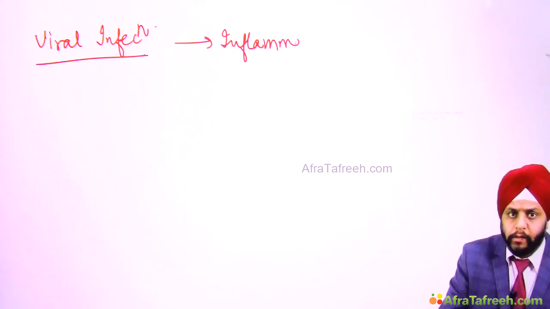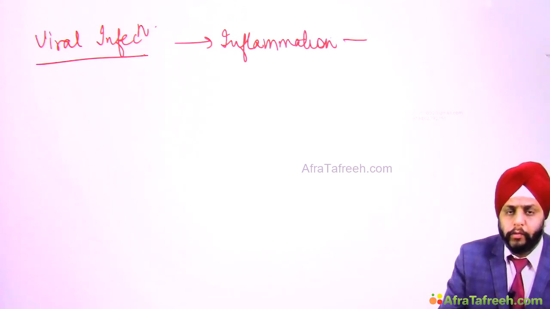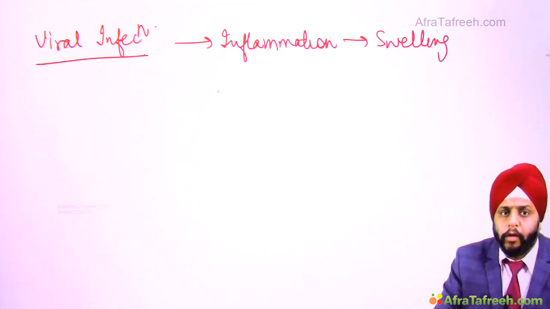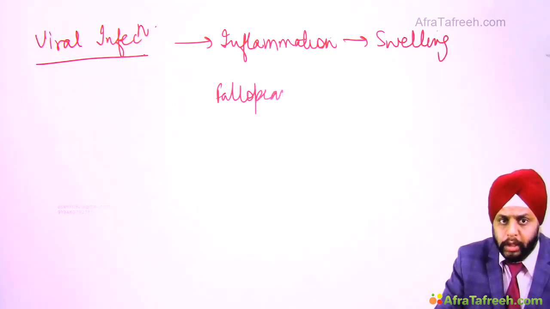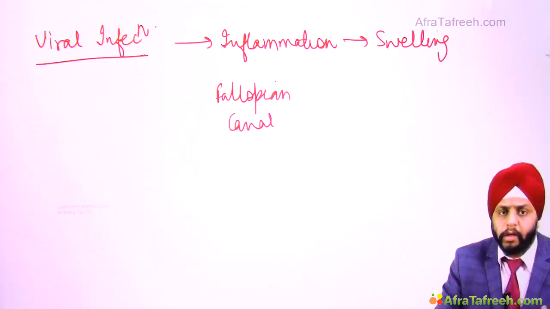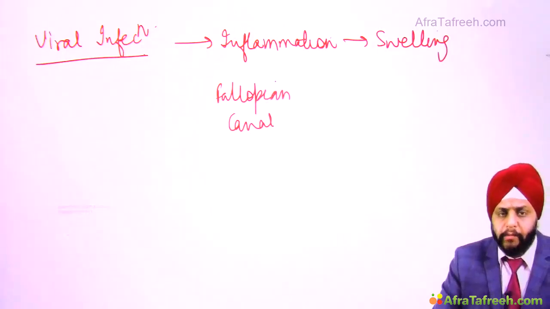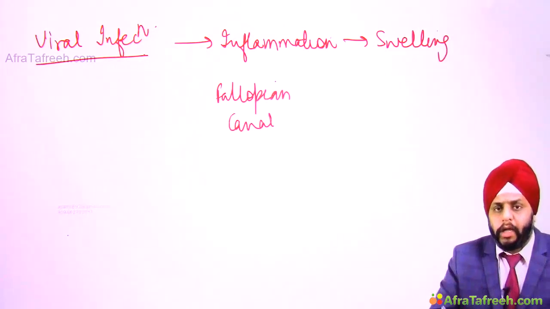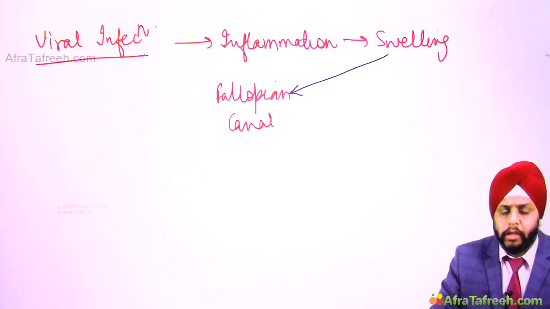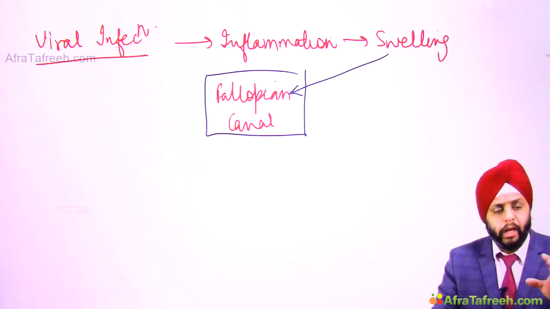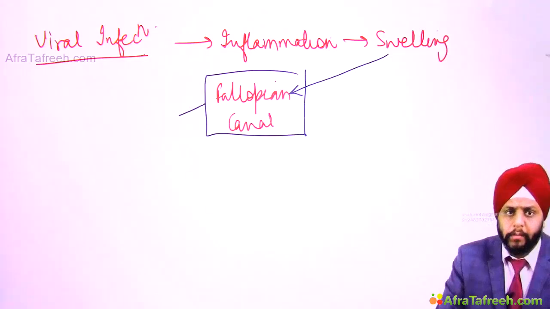The facial nerve swells, it expands, but the facial nerve is in the fallopian canal, the bony canal. Now this canal does not expand. So when the fallopian canal does not expand, whereas the nerve expands, the facial nerve gets compressed in its own bony canal, and because of that we have Bell's palsy.